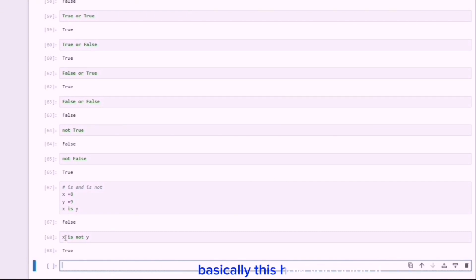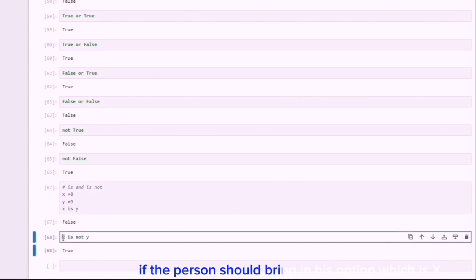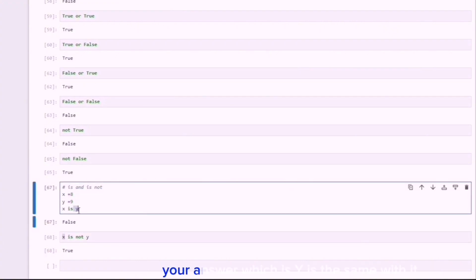So basically this is how you would do it. If the person brings in his option, which is x, you check if your answer, which is y, is the same with it. So you ask the program, this answer this person brought, is it y? That means, is it the same thing as y? If yes, print true. If false, this is what you should do.